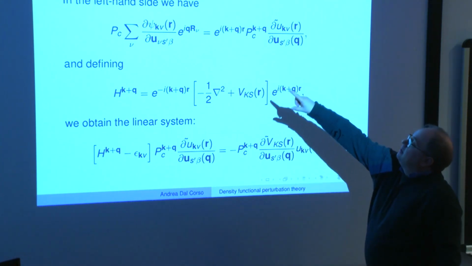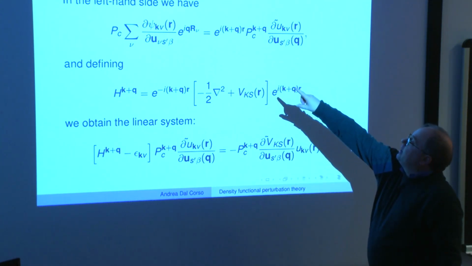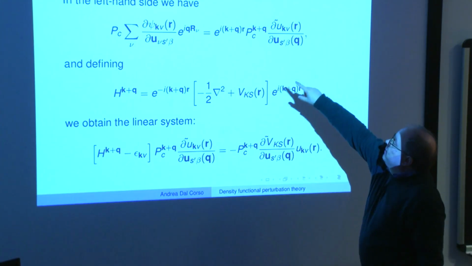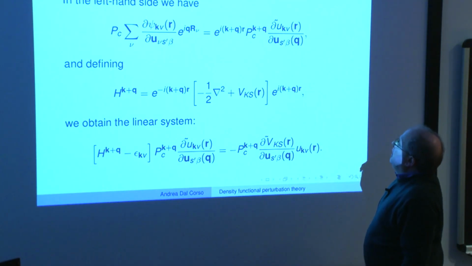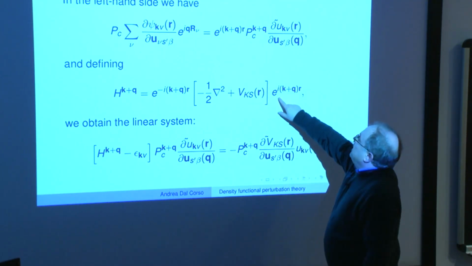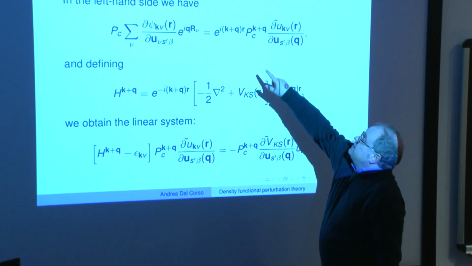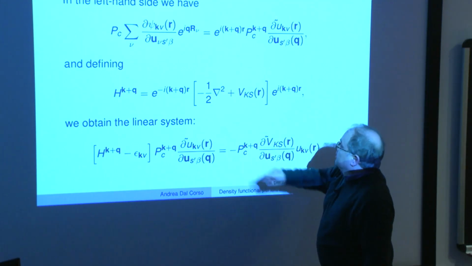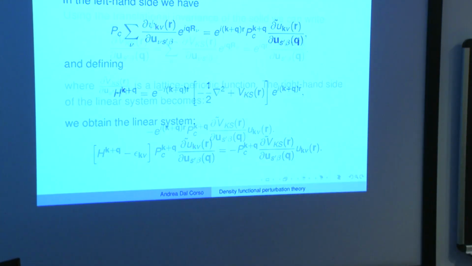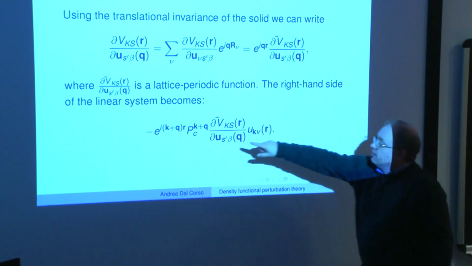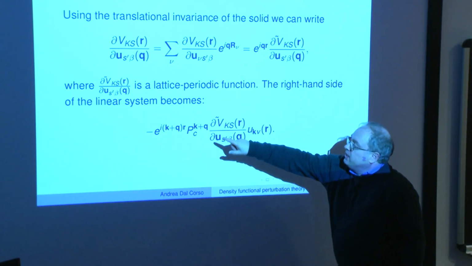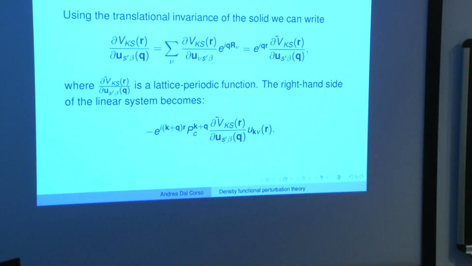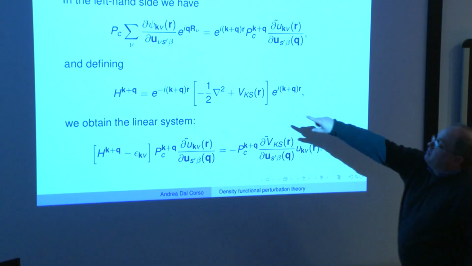So the PC, dPC over du e to the i Q R mu, we have already seen is equal to this thing here. And so in the Hamiltonian, we will have the Hamiltonian between that phase e to the i (K plus Q) R, and we multiply the right-hand side by e to the minus i (K plus Q) R, so that phase disappears and is found in front of the Hamiltonian.